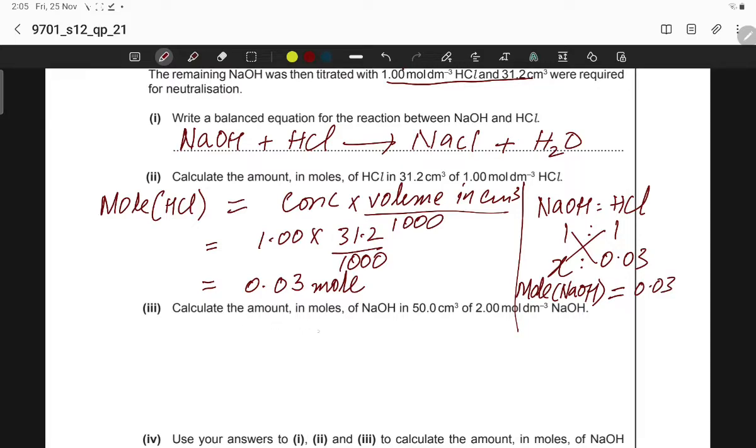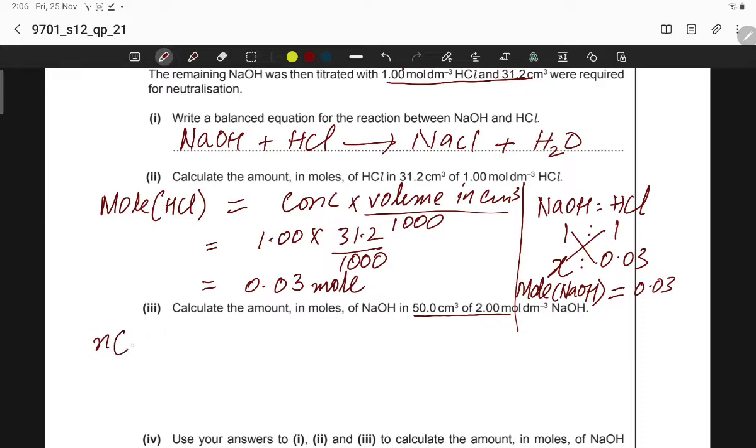Calculate the amount in moles of sodium hydroxide in 50 centimeter cube of 2 mole per dm cube sodium hydroxide. This is the actual concentration of sodium hydroxide used to react with ammonium sulfate.